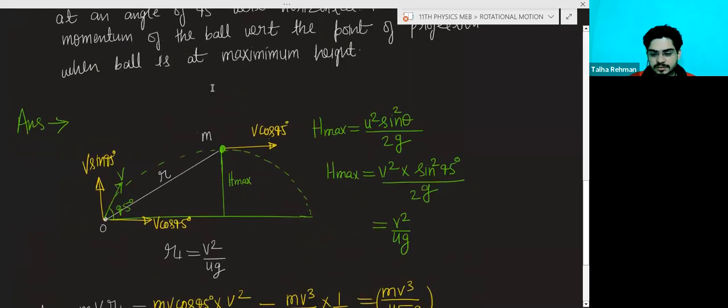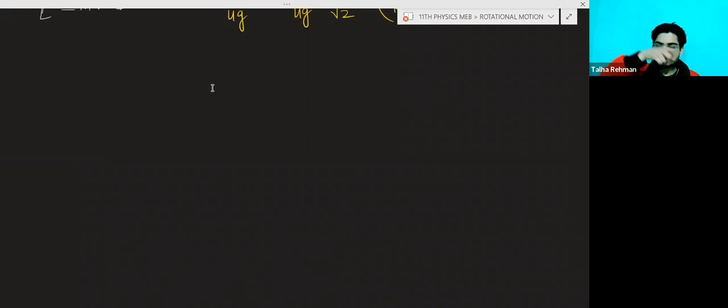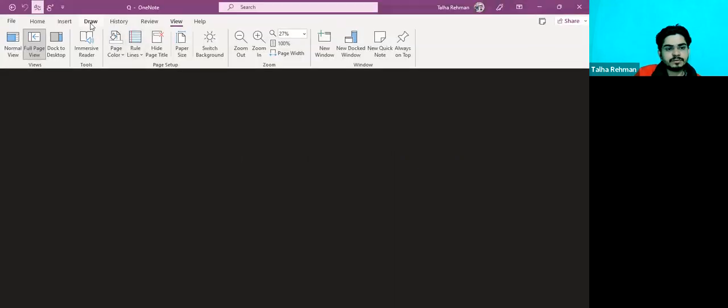Now we will discuss when a particle is moving in a circular path. When a particle is moving in a circular path, what will be the angular momentum?